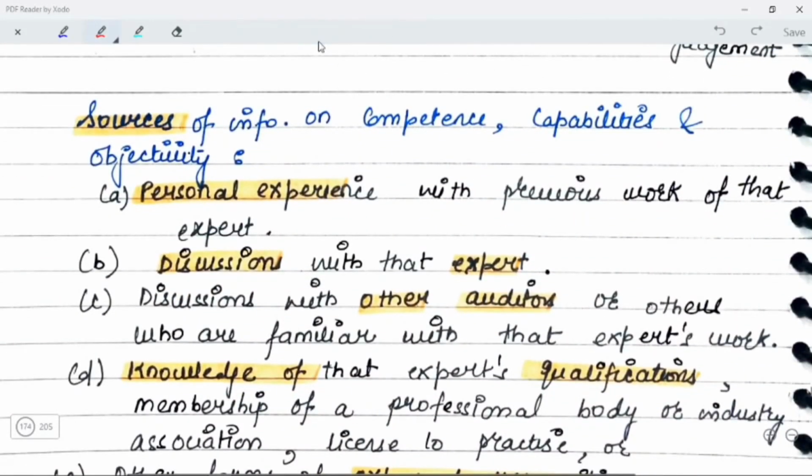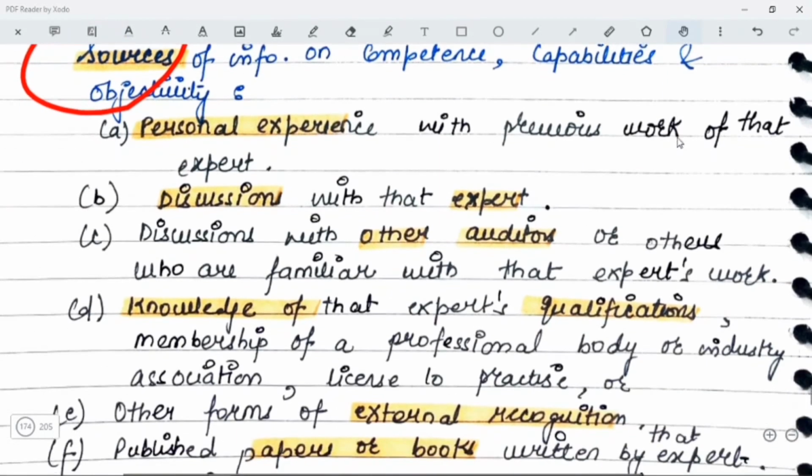Next, what are the sources of information on competence, capabilities and objectivity? How are you going to see whether the expert is competent, capable and objective? So for this you can have the personal experience.